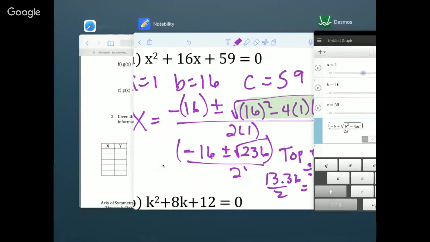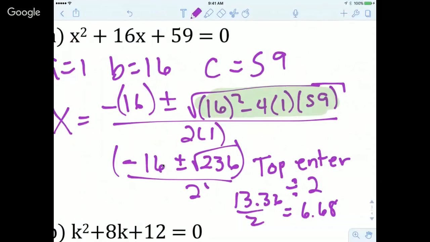Hold on a second. Let me back up. 16 squared minus 4 times 1 times 59 is 20.